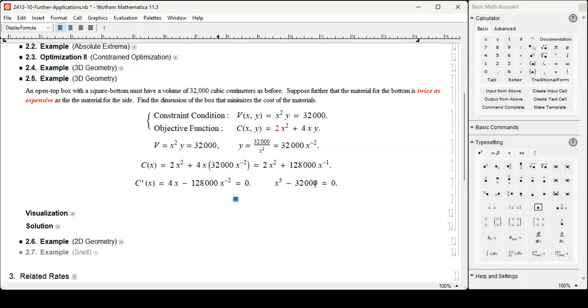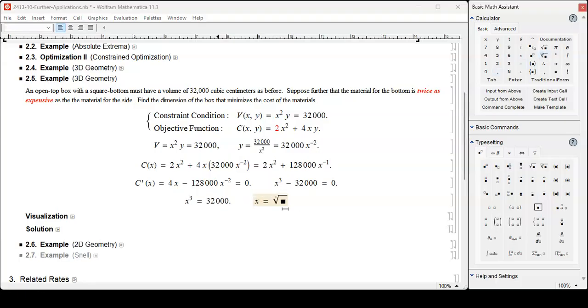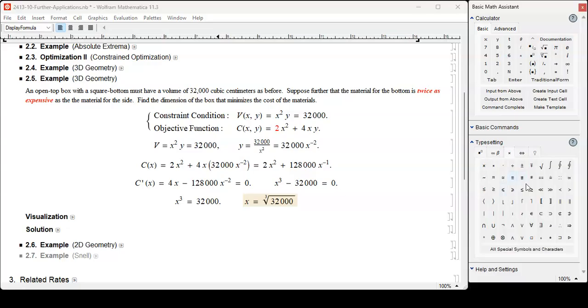And that'll give me x to the third power is 32,000. Therefore, x is the cube root of this. And for this, I'm going to need a calculator.